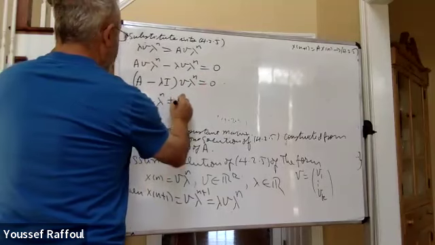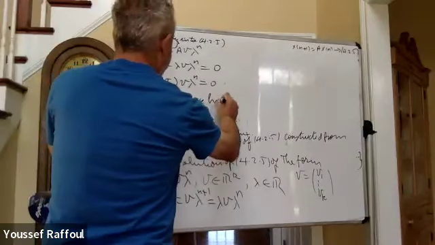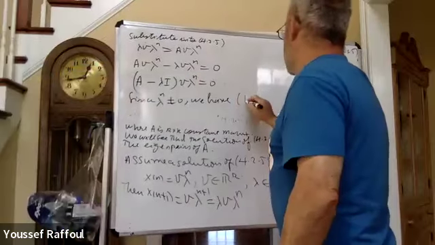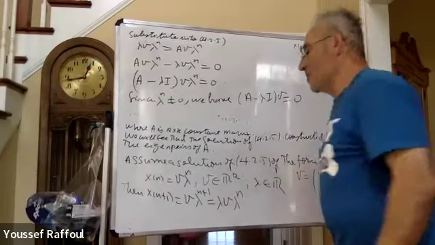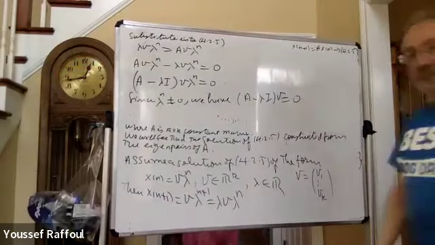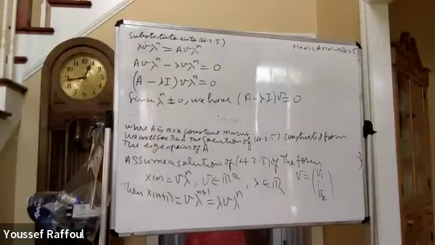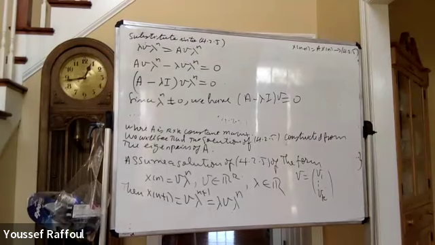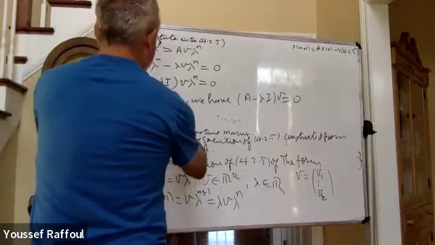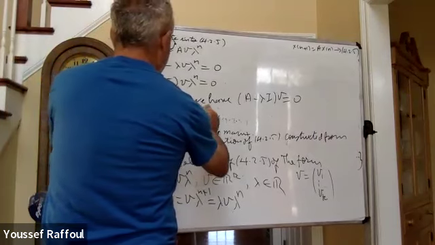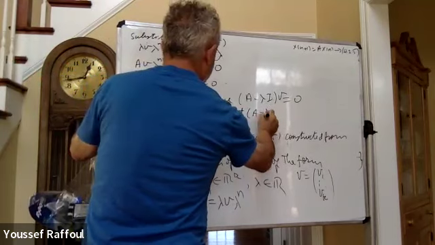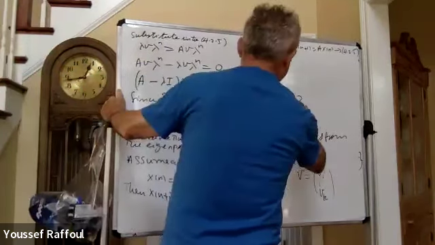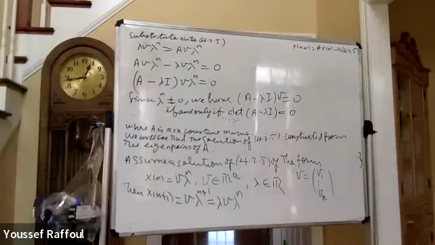Since lambda^n is never 0, we have (A minus lambda I) v equals 0. Okay? And this is if and only if the determinant of A minus lambda I is equal to 0, because v is a non-zero vector.